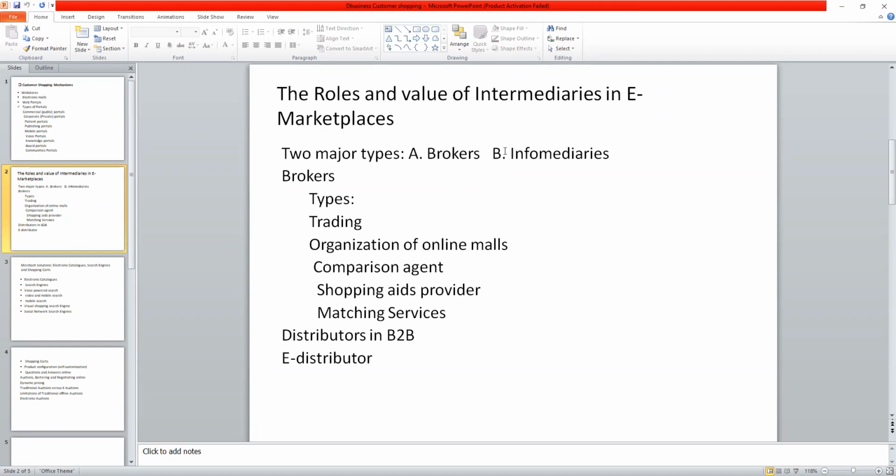In B2C and B2B, both business models, the requirements are much different. E-distributors aggregate product information from many manufacturers in the e-distributor's catalog. The distributor buys the products and then sells them as supermarkets do.